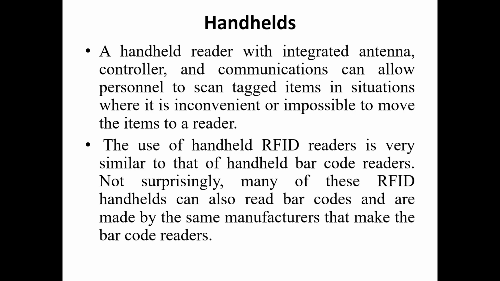Then comes handheld readers. These are portable devices like scanners with an integrated reader plus antenna. How does it work? It operates by walking around manually and scanning the tags by pointing at items.